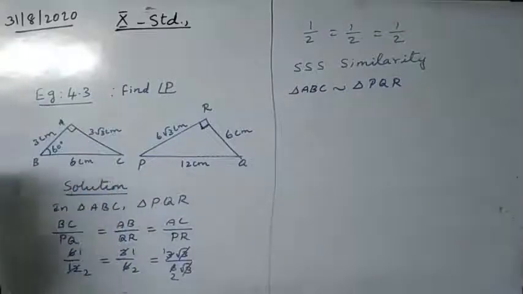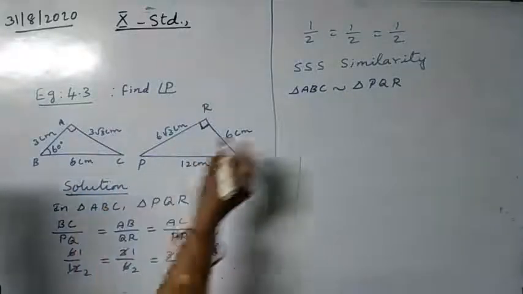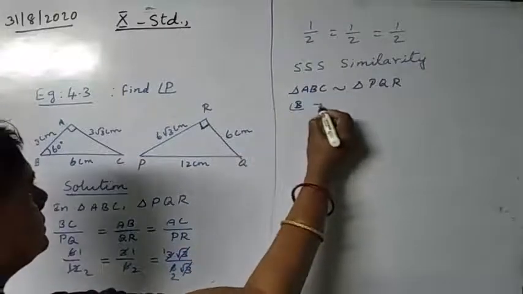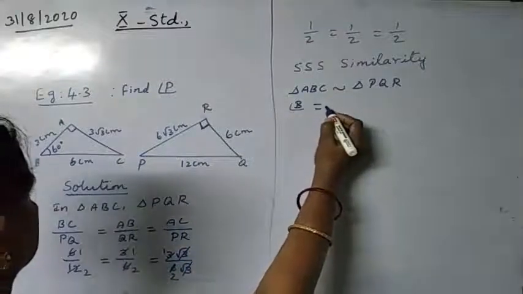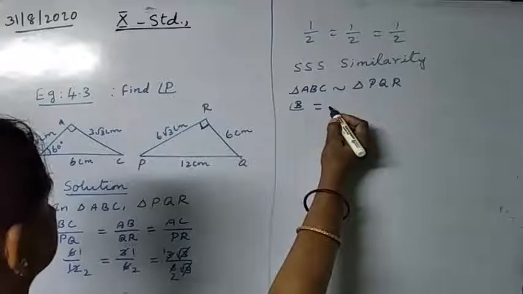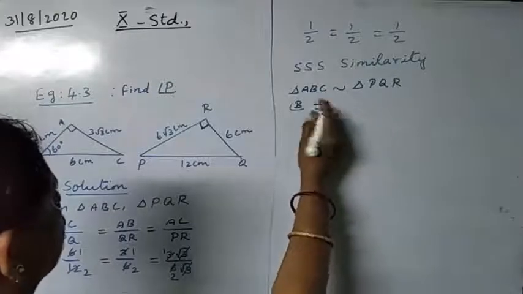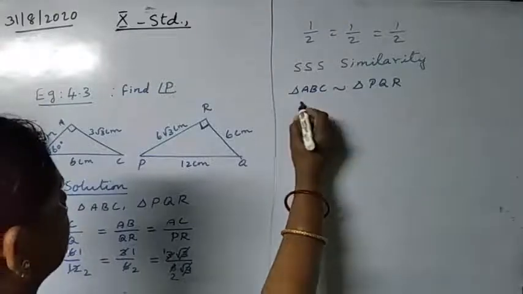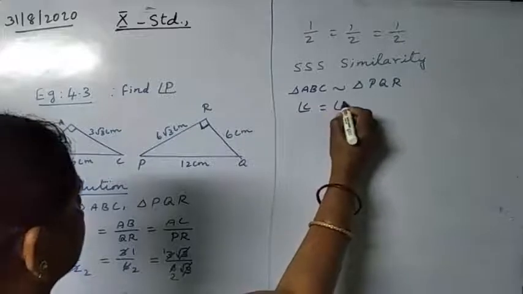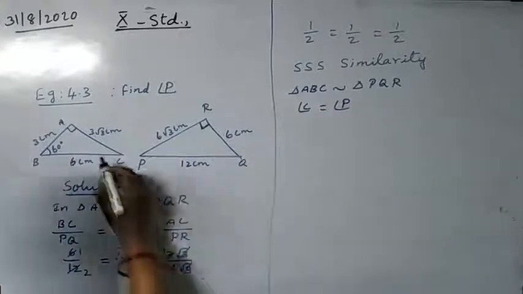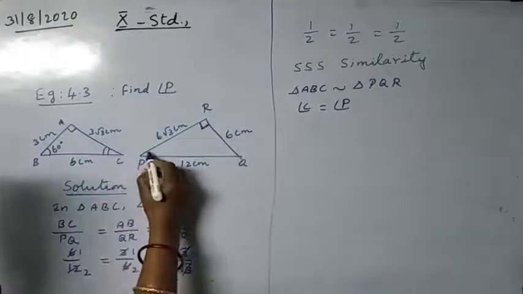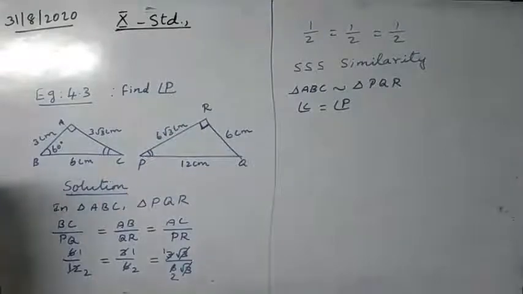The two triangles are similar. And also I can say that angle B is equal to angle Q. Therefore angle C is equal to angle P. So this angle is equal to this angle. So angle C is equal to angle P.